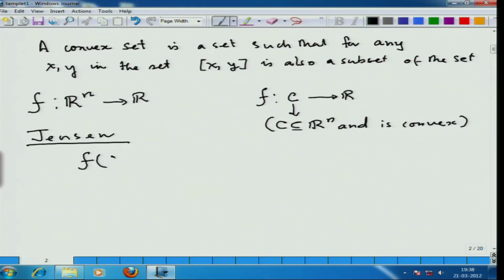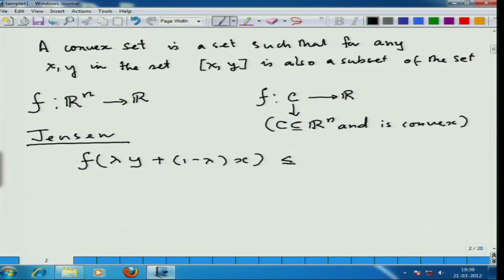So, f of lambda y plus 1 minus lambda x. See, this is very well defined. If you take a convex set C and y and x two elements of C, then lambda y plus 1 minus lambda x, whenever lambda is between 0 and 1, is an element of C. So, this functional operation is well defined.